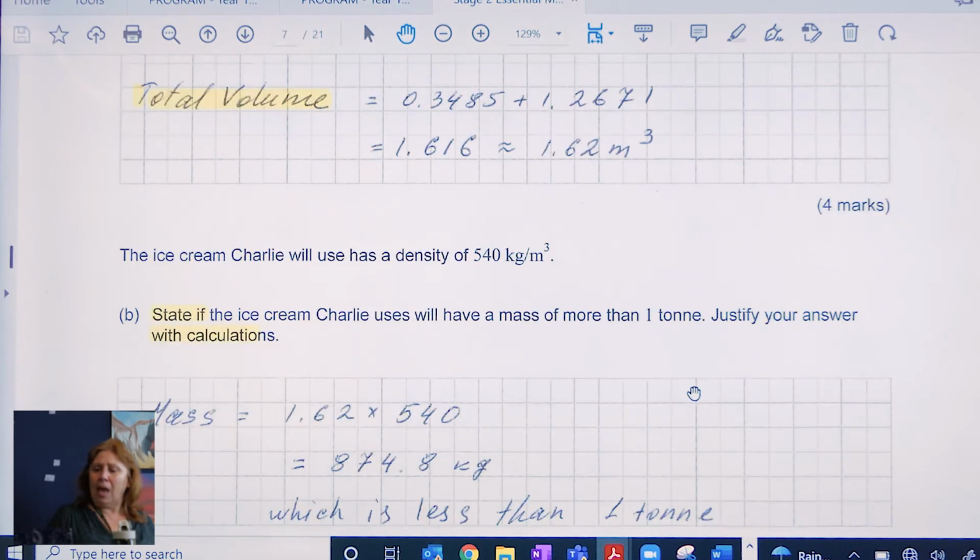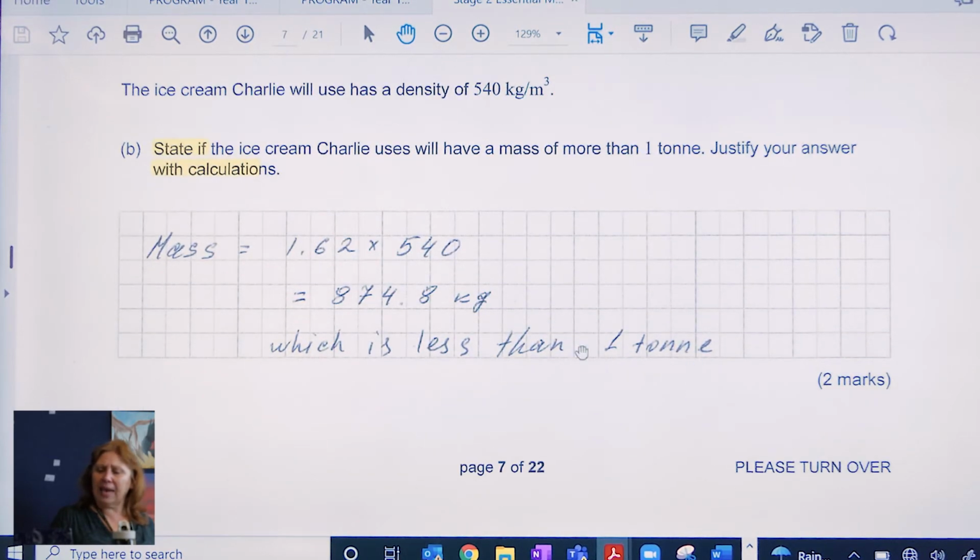And the last one, they state if the ice cream mass is more than 1 ton. Justify your answer with calculations. So they need to show the calculation. So 1 mark going for stating, but you can't state without calculations.